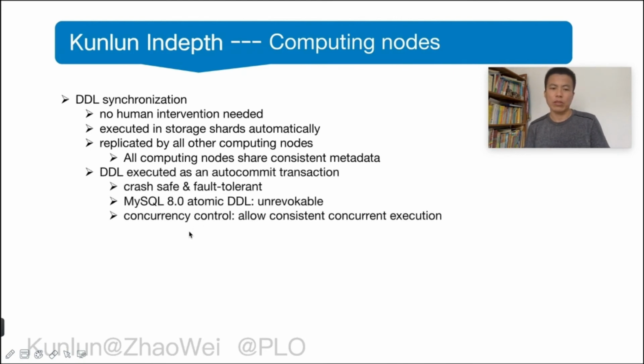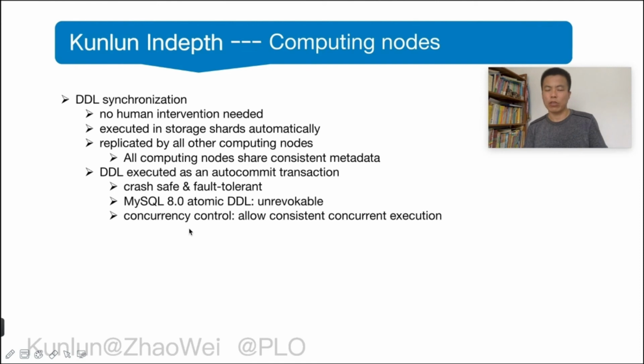DDL is executed as an auto-commit transaction. That means when you execute a DDL in Kunlun, if any node crashes or stops working or exits for any reason, your auto-commit transaction is in a consistent state. It will either be aborted or committed.